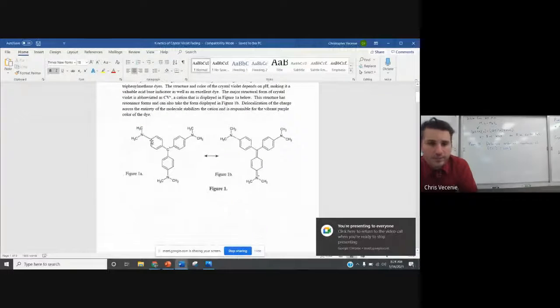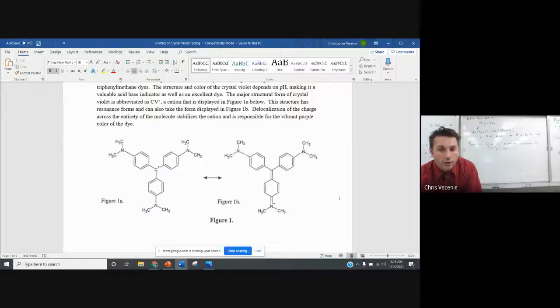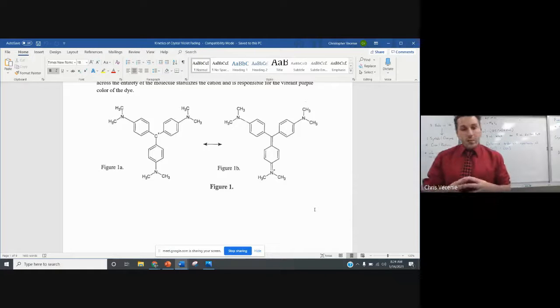What you'll see is crystal violet has this big, crazy structure that you see here on the bottom. Figure 1A and figure 1B are both the crystal violet. Notice they both carry a positive charge, and the reason we're getting two structures is because we have resonance. But the take-home message is there's a positive charge on both of these larger crystal violet dye structures.